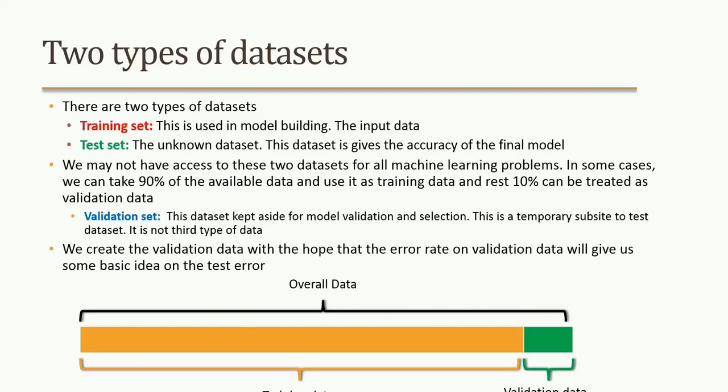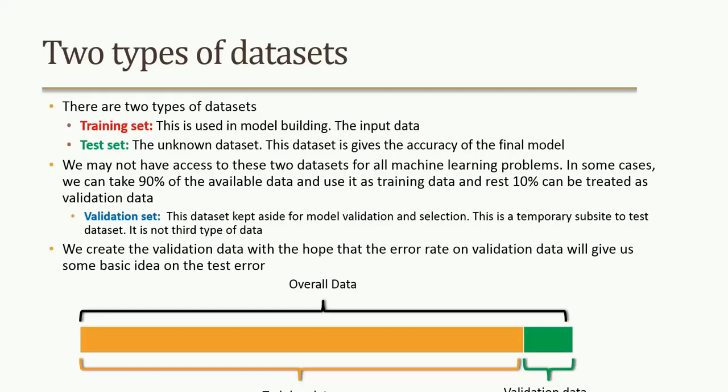The test data set is the unknown data set, or the validation data set, that we keep aside to test our model. Once we build the model on the training data, we test it on the test data set to get the final accuracy of the model that is built on the training data set.